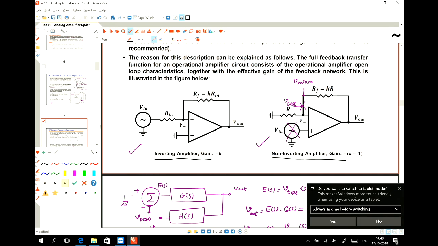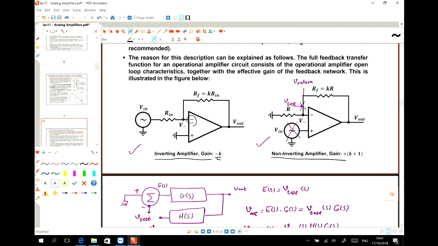Both of them use negative feedback, and the difference is just the pin that we apply the input signal to. So if we apply the input signal into the negative input, then the gain is negative. If we apply it to the positive input, then the gain is positive. And then the gain is calculated depending on the ratio between the feedback impedance and the input impedance.